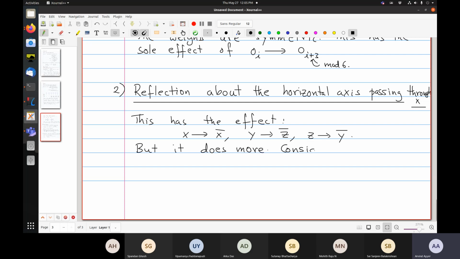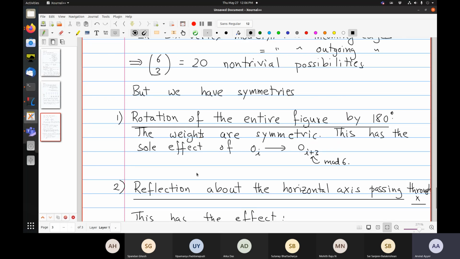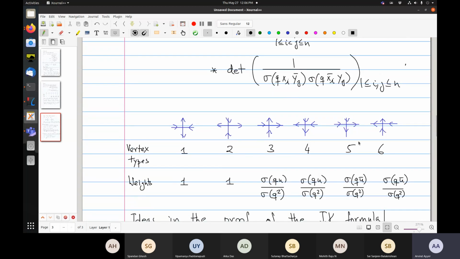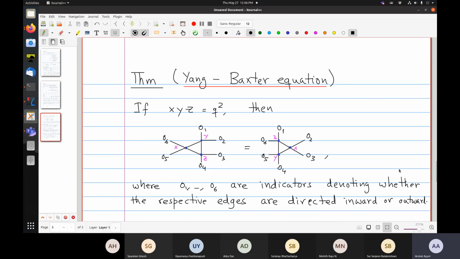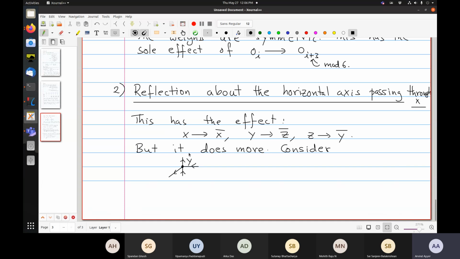Consider the following example. Let's look at Y, which is over here. Let's take some valid 6-vertex configuration, going up and left. Up and left is type 6, so it will give sigma of q y bar. Y is in the top right, which is the same as bottom left.